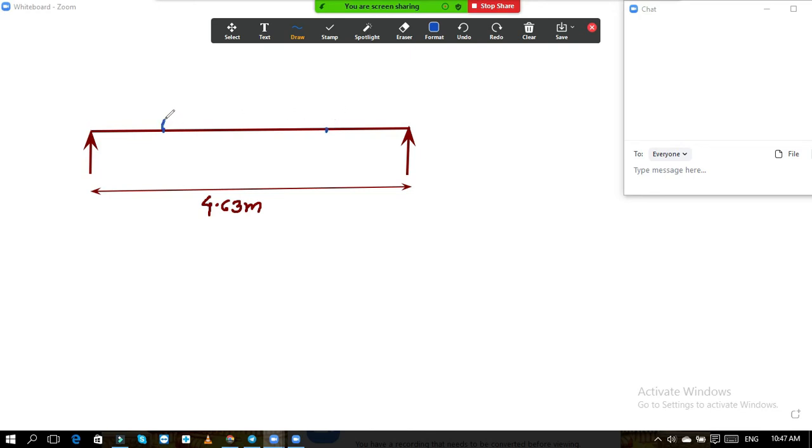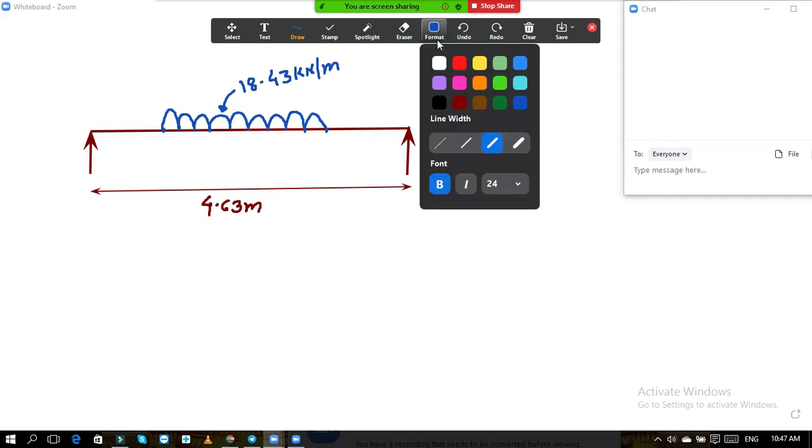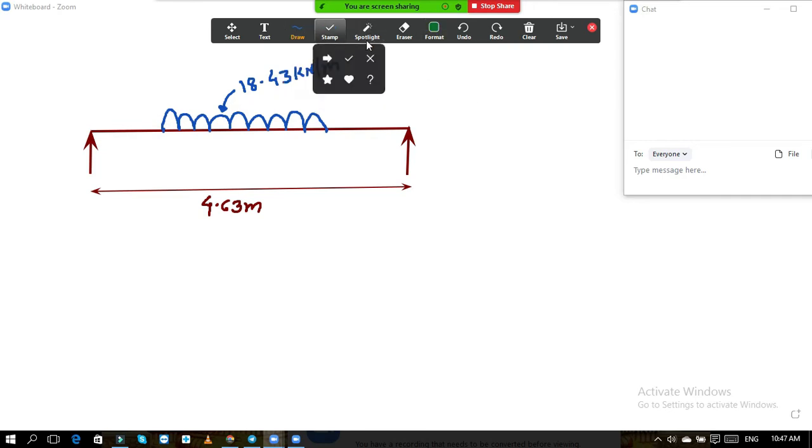So I will draw the UDL. This is the UDL, and what was the value? 18.43 kilonewton per meter.